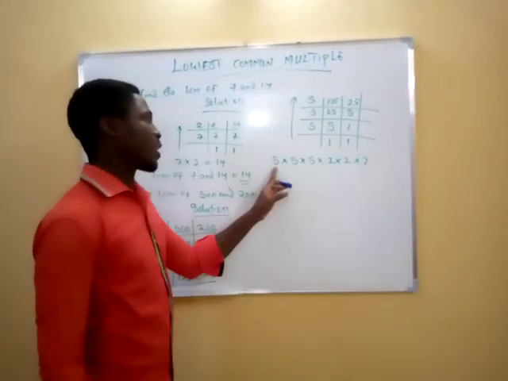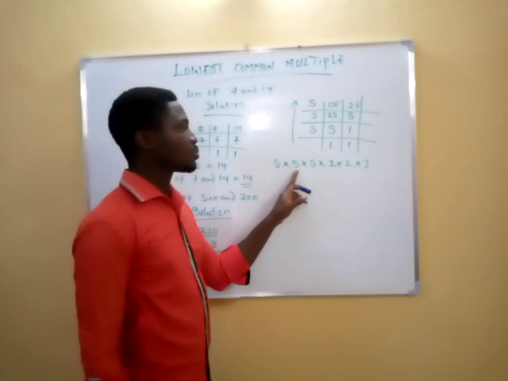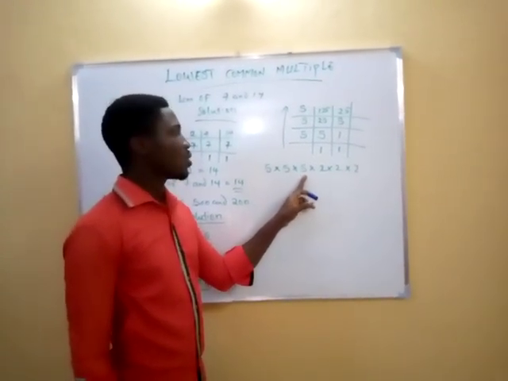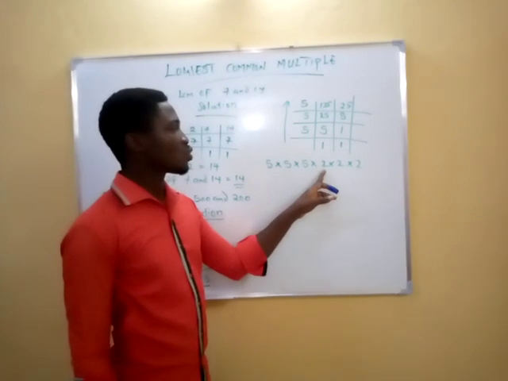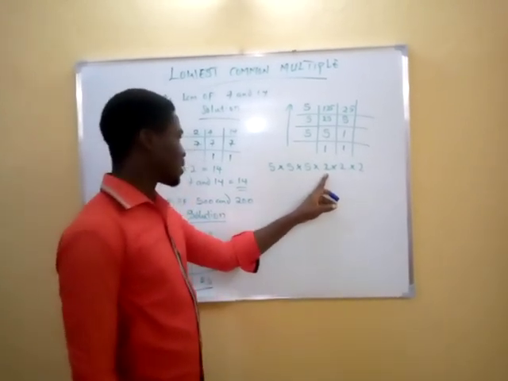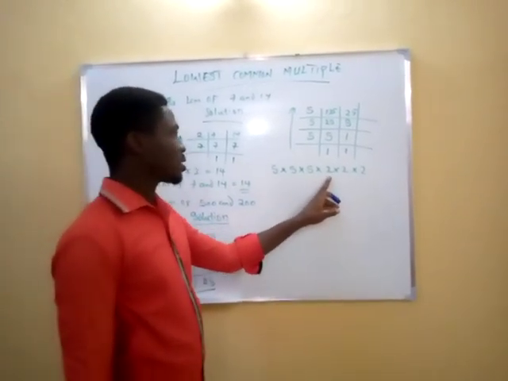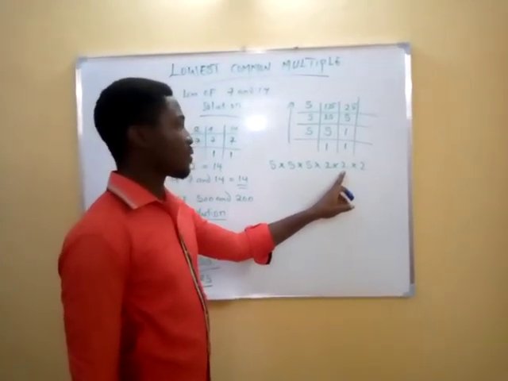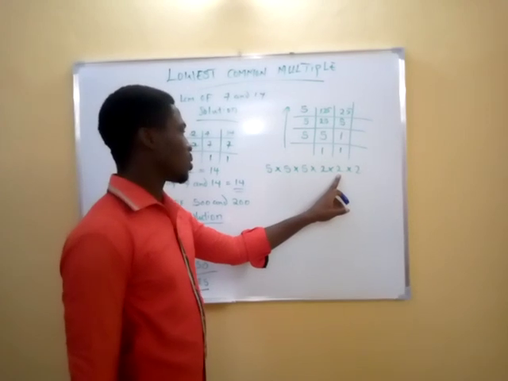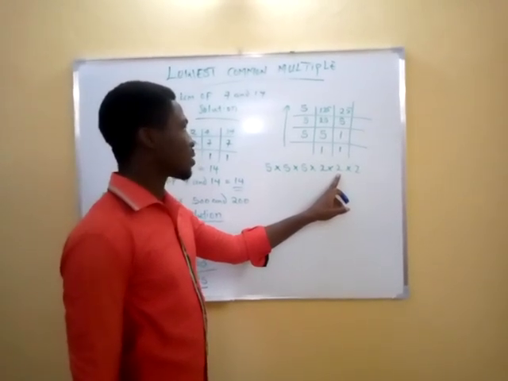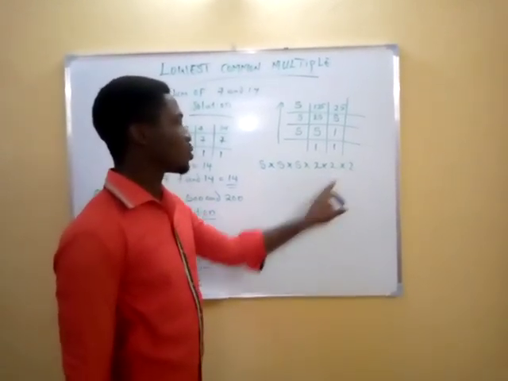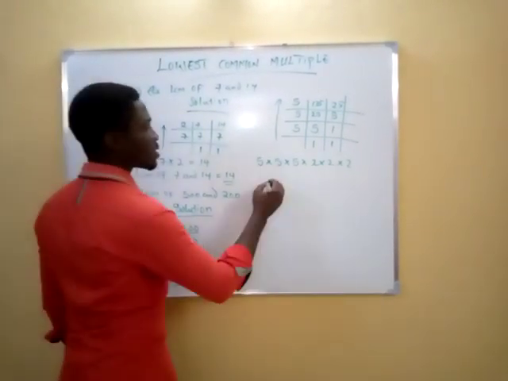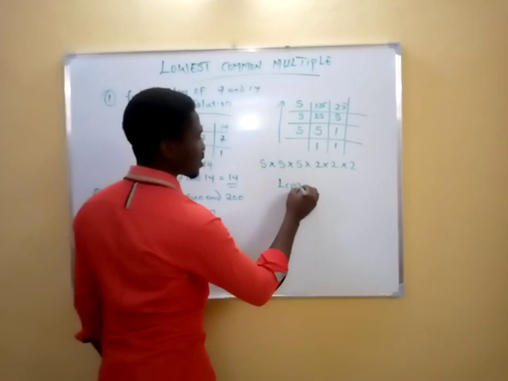If we are to do that, 5 times 5 is 25. 25 times 5 is 125. 125 times 2 is 250. 250 times 2 is 500. Then 500 times 2 is 1000. So the lowest common multiple is 1000.